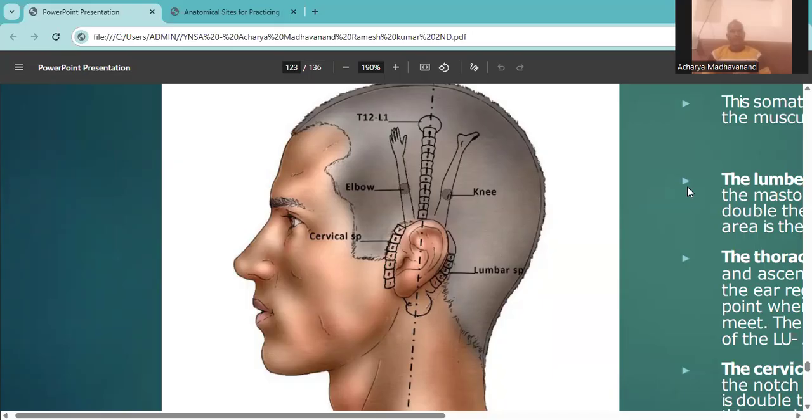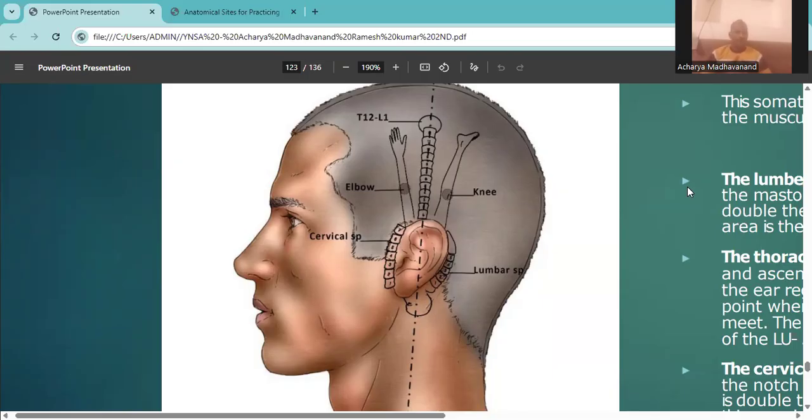Then on the central line, you can see the top of the ear apex, there is T1 to L1. It starts with T1, then goes to T12 and L1. Then on the back side there is the leg, and on the front side there is the elbow.